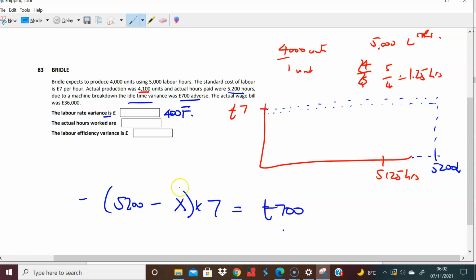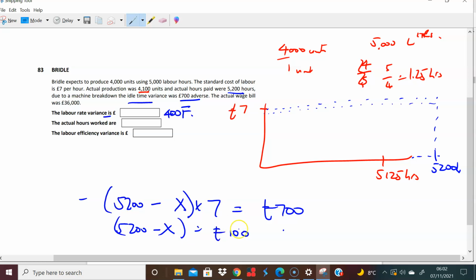We pay for more hours than they actually work because we need to factor in some element of idle time. So 5,200 minus X, dividing both sides by 7, is equal to 100.